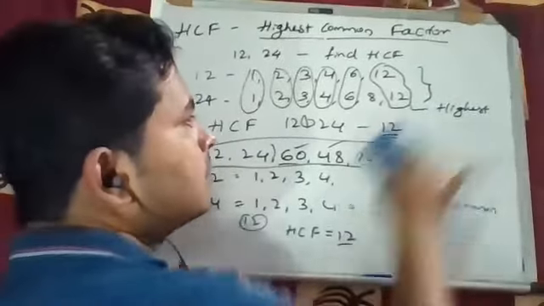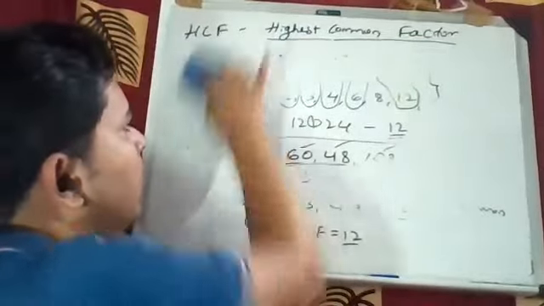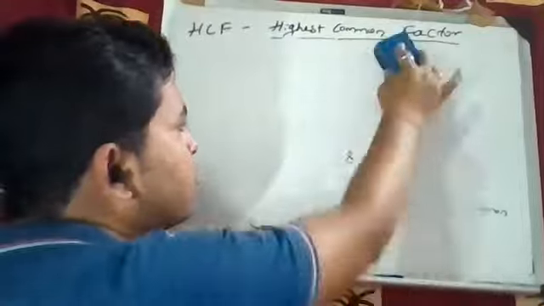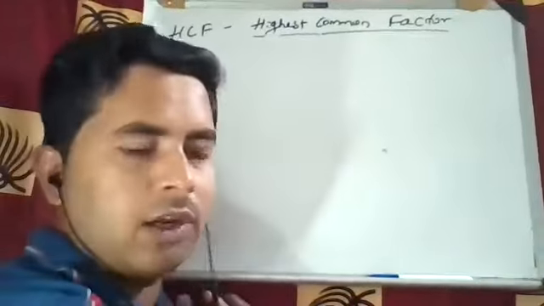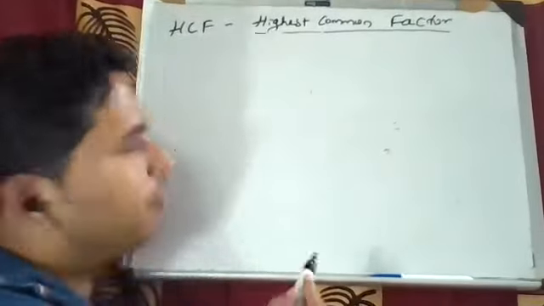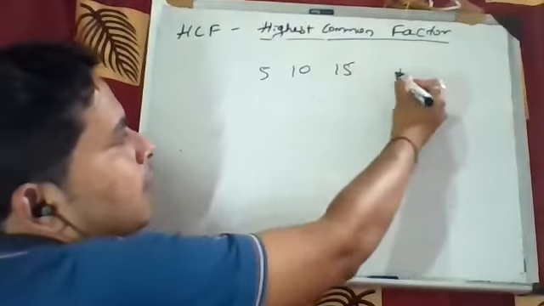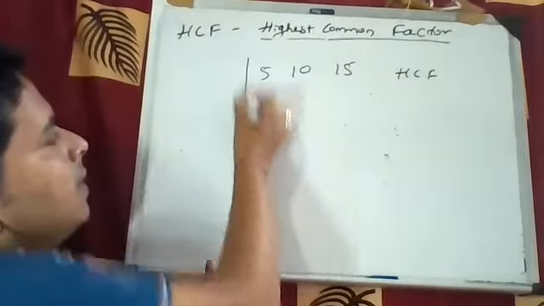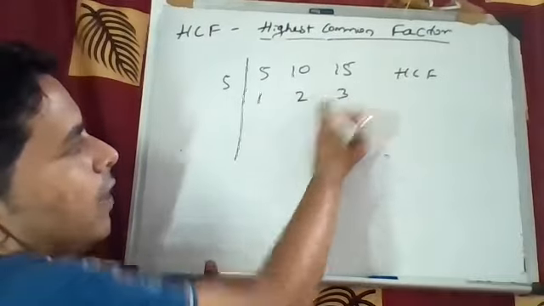So first I'll go to one simple method, how we can find it easily. Before starting, let's see what we learned in school to find the HCF. For example, 5, 10 and 15: how did we find the HCF? We wrote 5 ones, 5 twos and 5 threes.